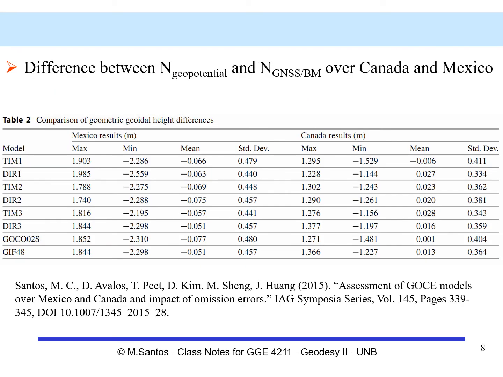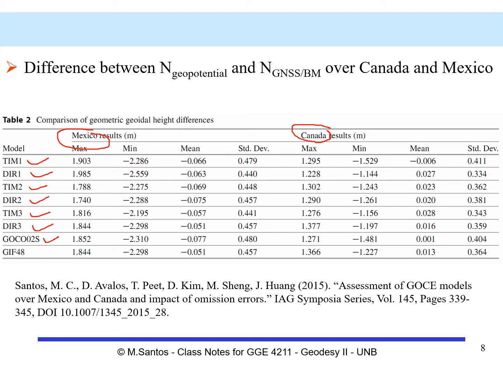To illustrate the difference between the geoidal height derived from a geopotential model and the geoidal height derived from GNSS over benchmarks, I'm presenting this table, which contains the difference between these two quantities over Mexico and over Canada. So what we have here is a comparison based on different geopotential models.